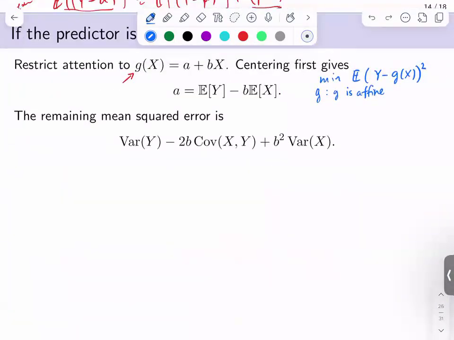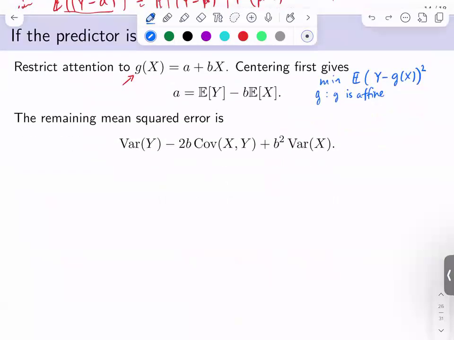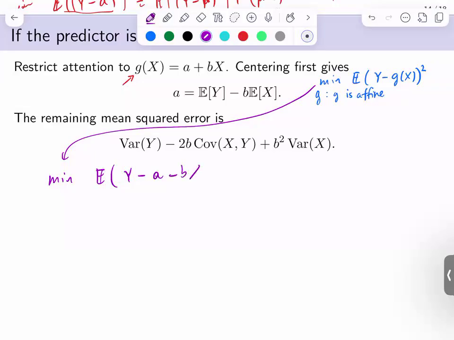What we can do is minimize this over such functions. I just plug in the form, y minus a minus bx, squared, and then minimize over a and b. I just need to find the a and b.